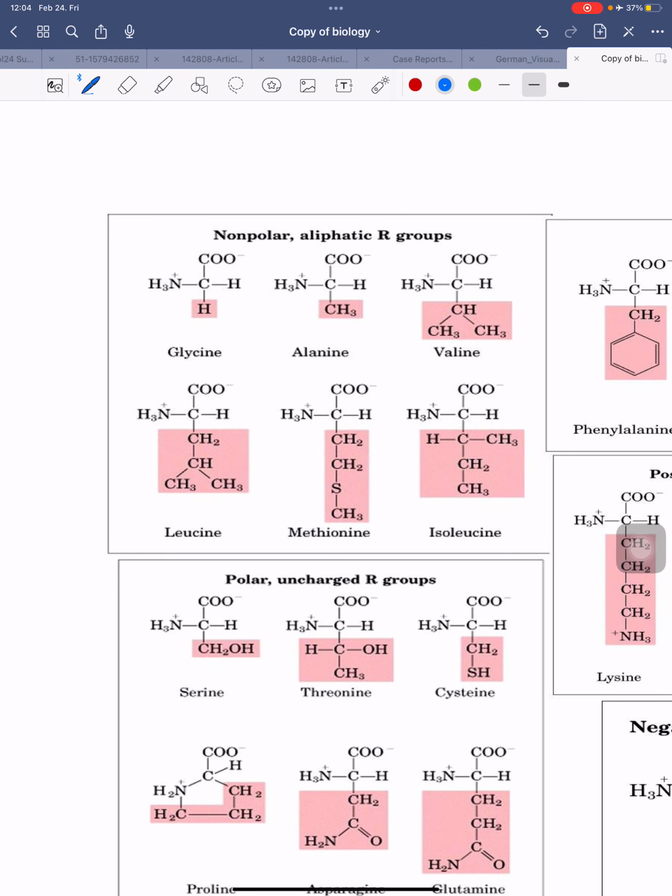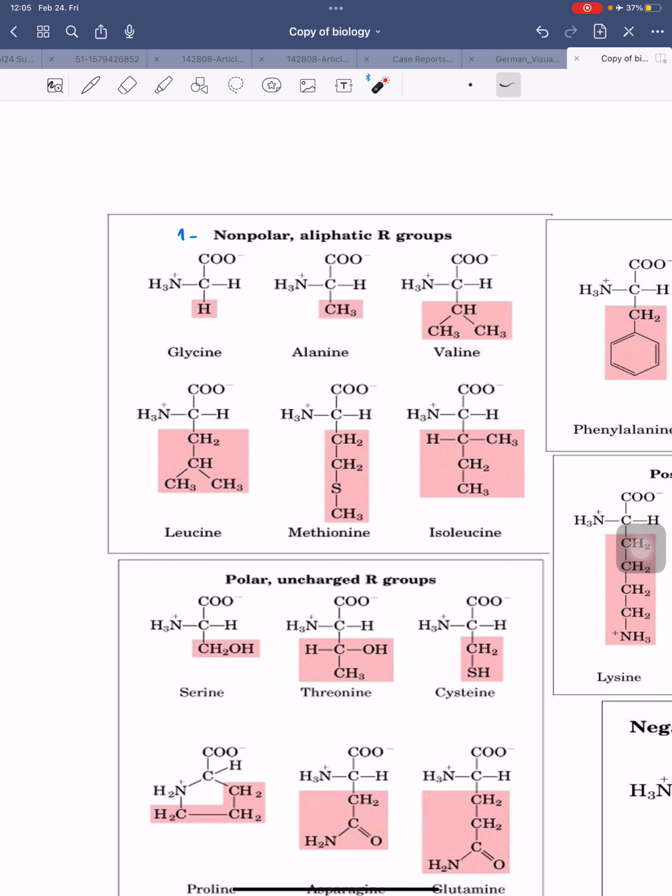The first group is the non-polar, aliphatic amino acids. Usually the side chain is hydrogen and carbon, with the exception of methionine, which has sulfur between the two carbons. All of the amino acids here are chiral except glycine, because its alpha carbon has two hydrogens.